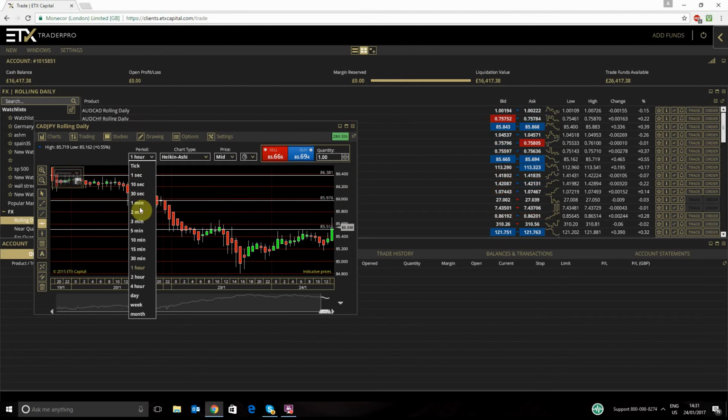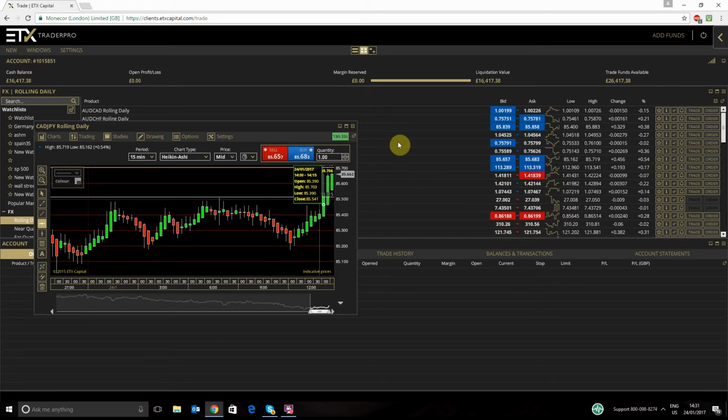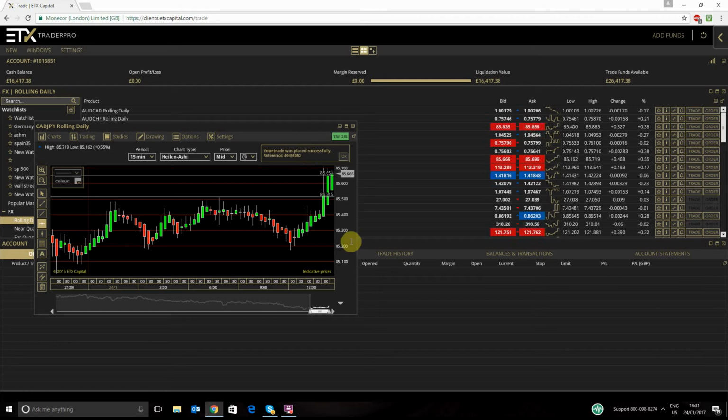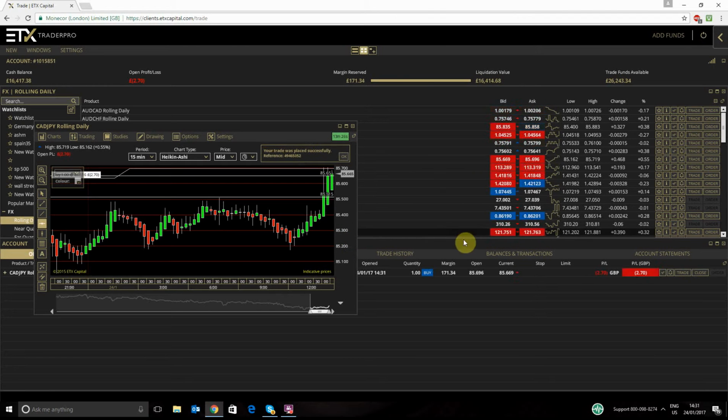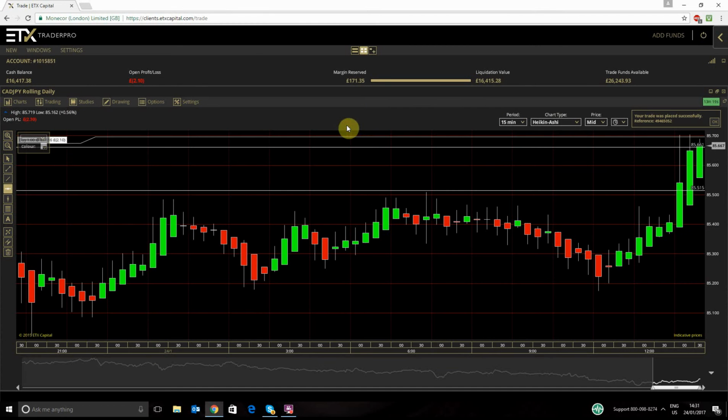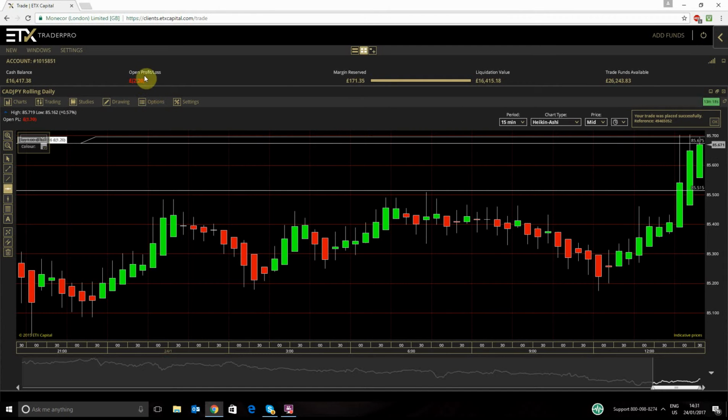Bear in mind that each time frame you look at, the charts actually change. So on the 15-minute chart, you can see that it's definitely still going up. So I'm going to place a trade to make money going up. In the meantime, while I wait for my spreads, just look at the top left-hand corner here.